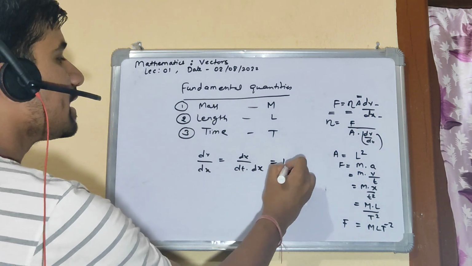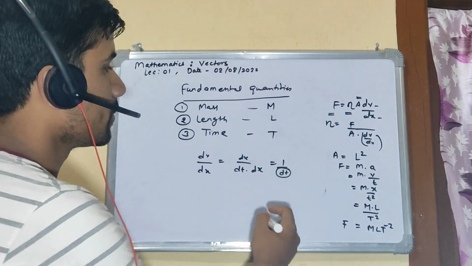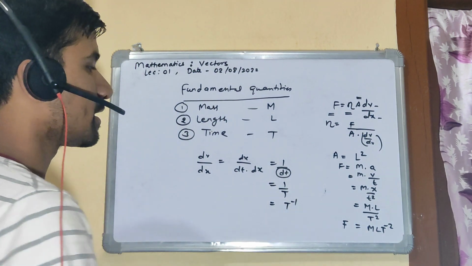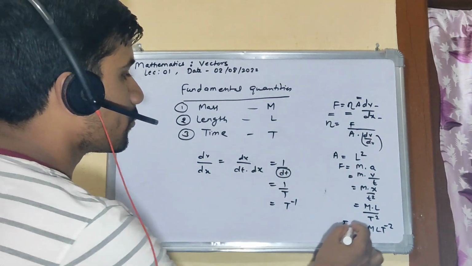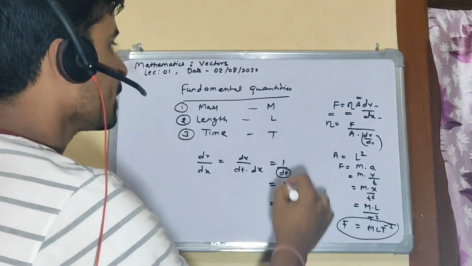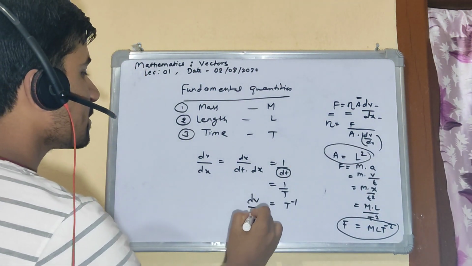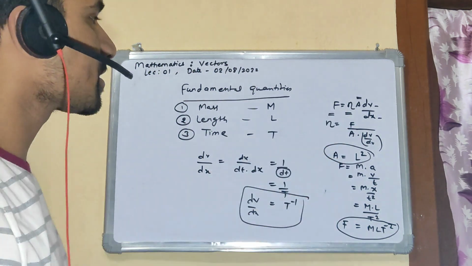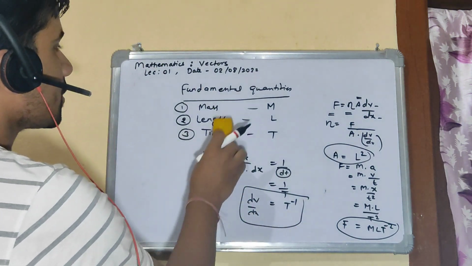So this is nothing but 1 by dt. dt, you know, is a small time, which is equal to 1 by T and hence T inverse, right? So for all three expressions we have calculated, force is nothing but MLT minus 2, area is nothing but L square, and dv by dx is nothing but T inverse, right? Now can I put all this in this expression and find what will be the dimension for this eta, which is the coefficient of viscosity, right?